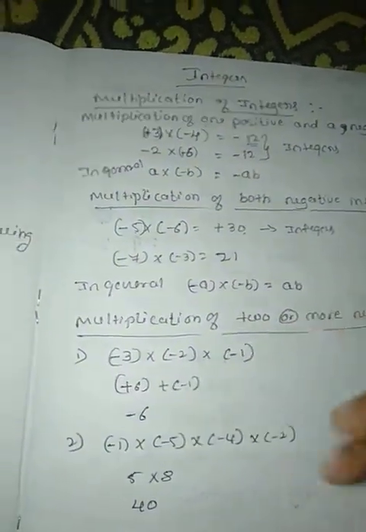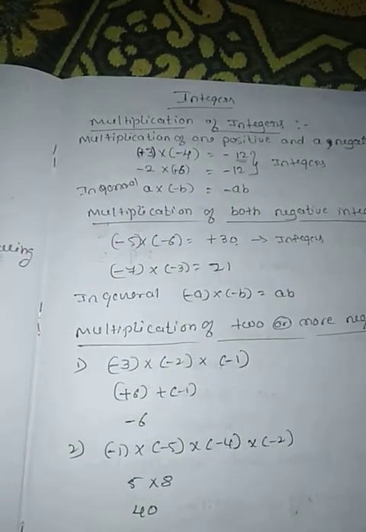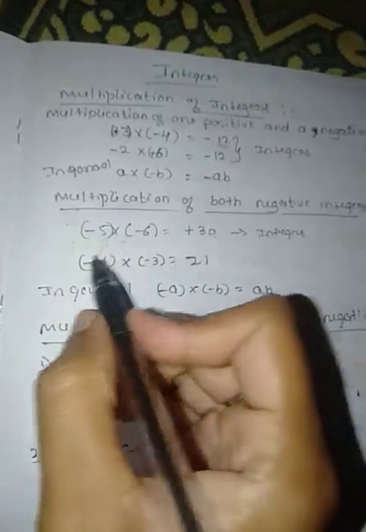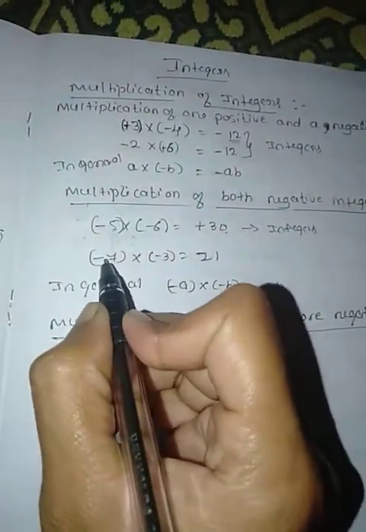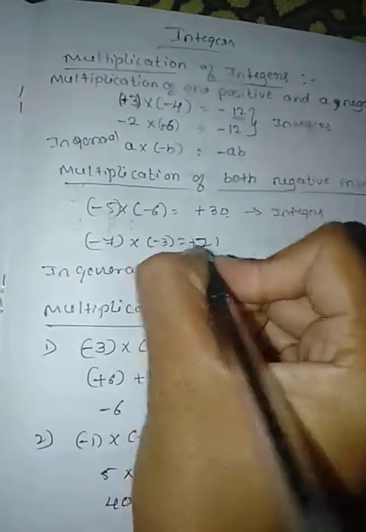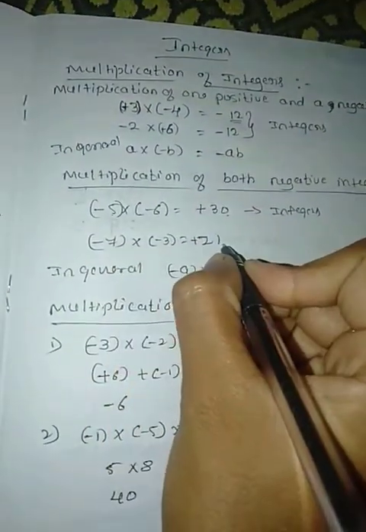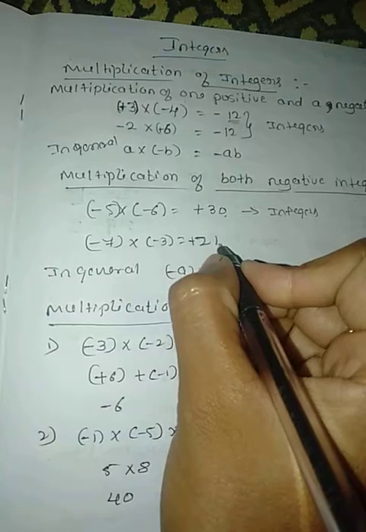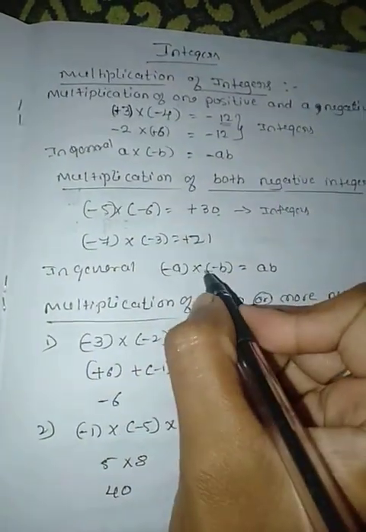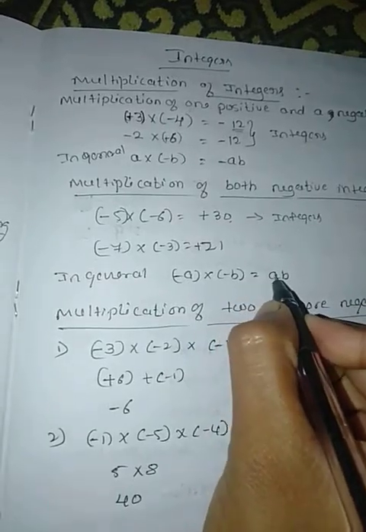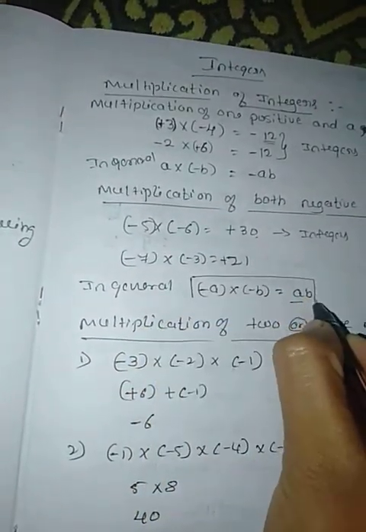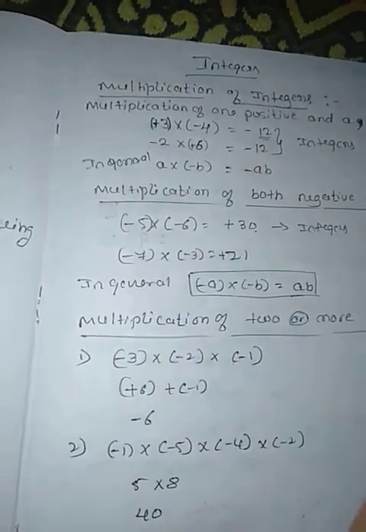When we multiply two negative integers, we get a positive integer. In another example, minus 7 into minus 3, minus into minus is plus, 7 3s are 21. This is also an integer. In general we can write it as minus a into minus b is equal to ab.